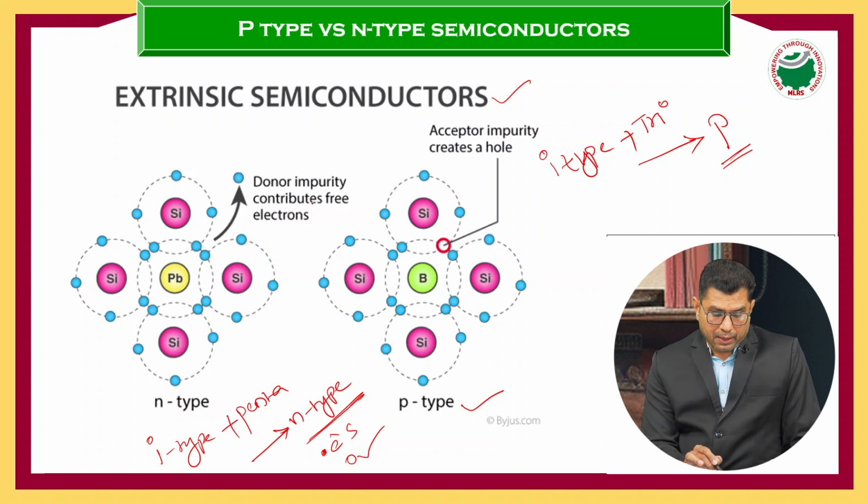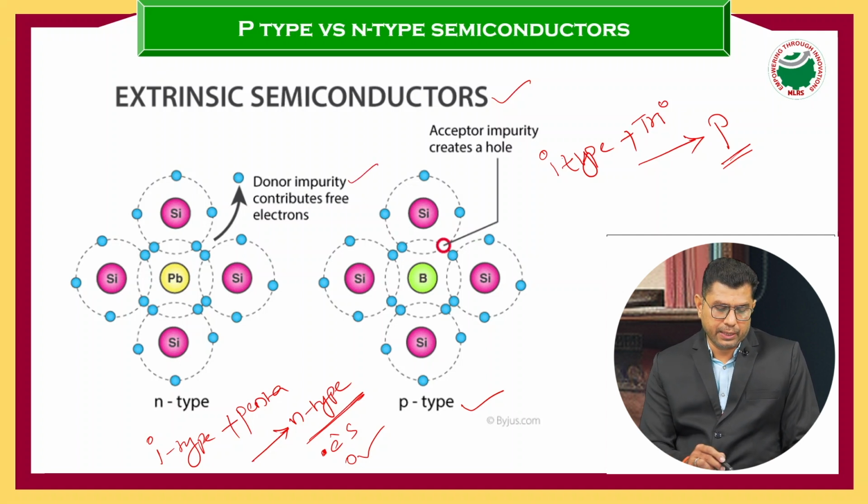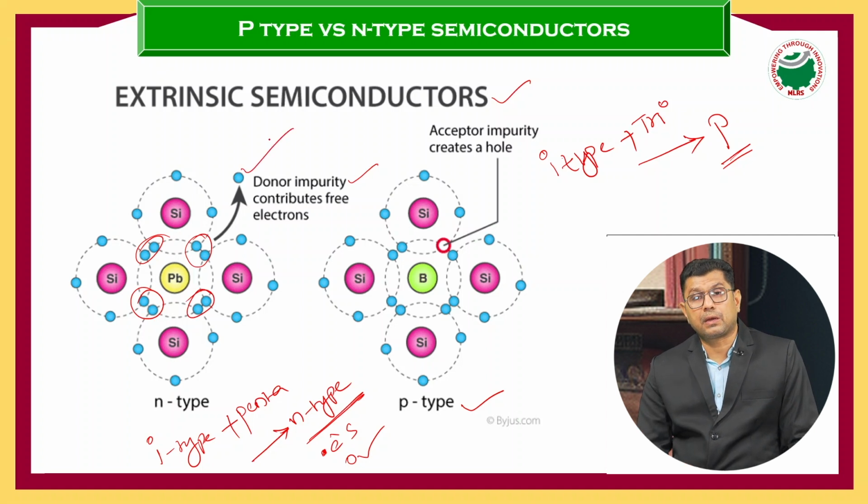In this, the pentavalent impurity we call a donor impurity. Why do we call it a donor impurity? Actually, the required number of electrons is only 4 because of 4 covalent bonds. So 1 electron is available. That's why the pentavalent impurity is ready to give 1 electron.